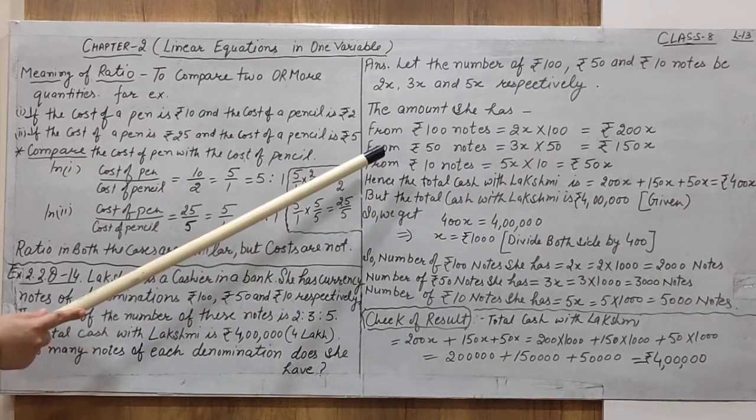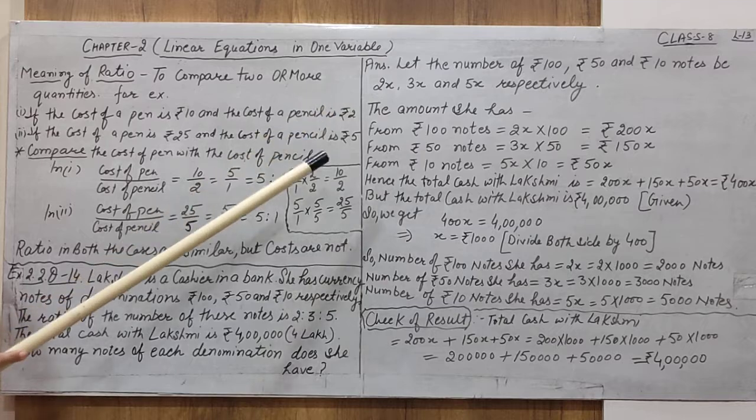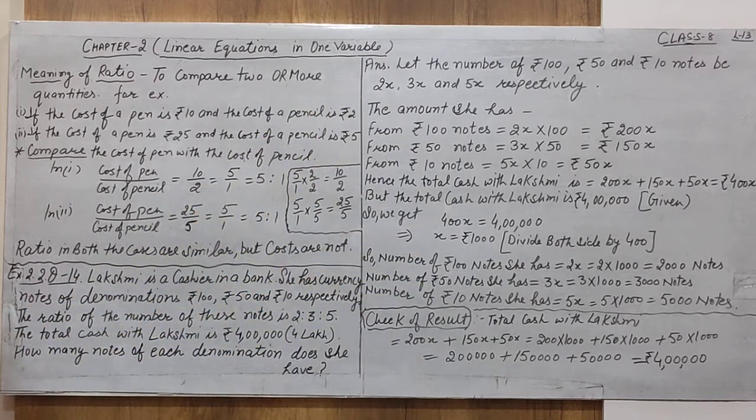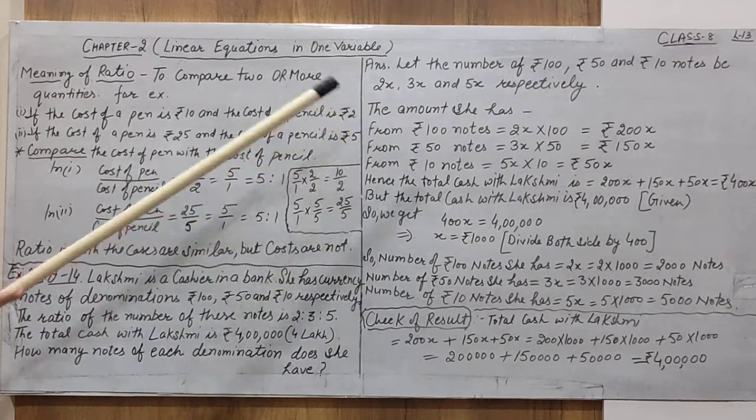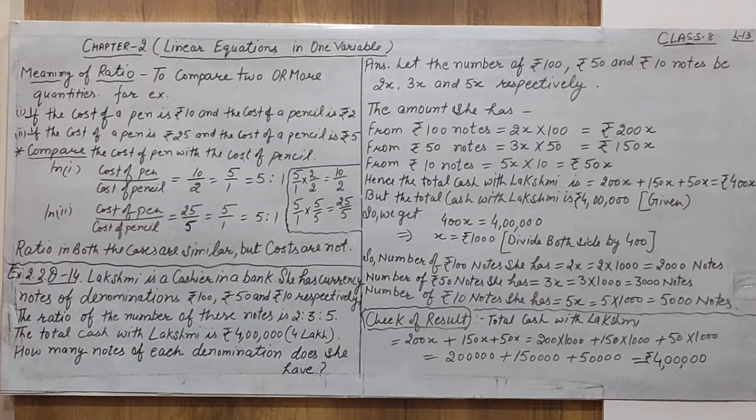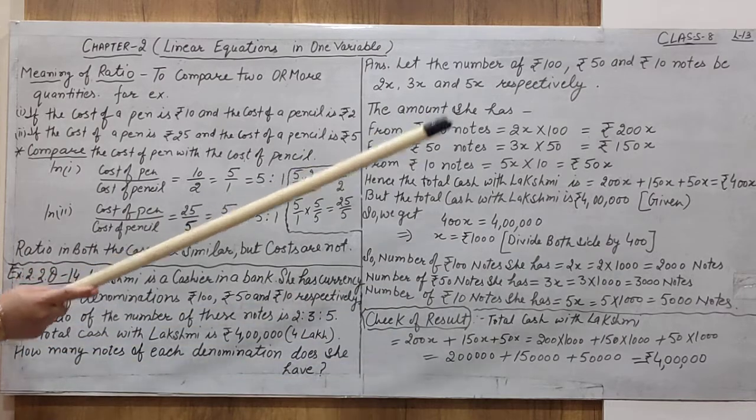Now, understand this concept. Suppose students, you have 100 rupees note. Suppose I told you you have 200 rupees, two notes of 100 rupees. Alright, how many amount you have? 2 multiplied with 100, that is 200.